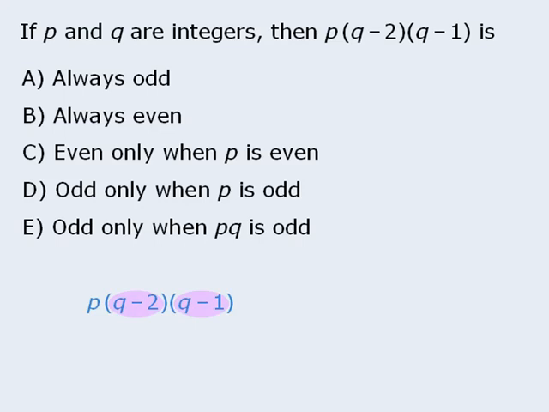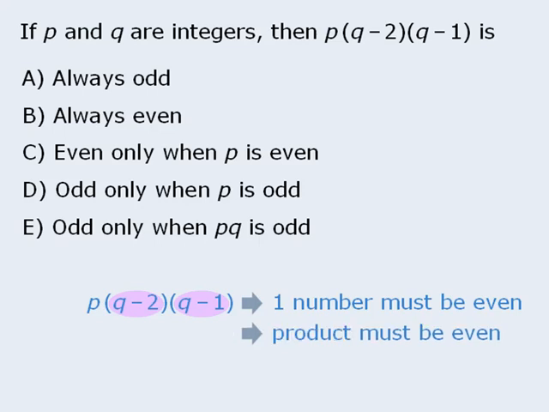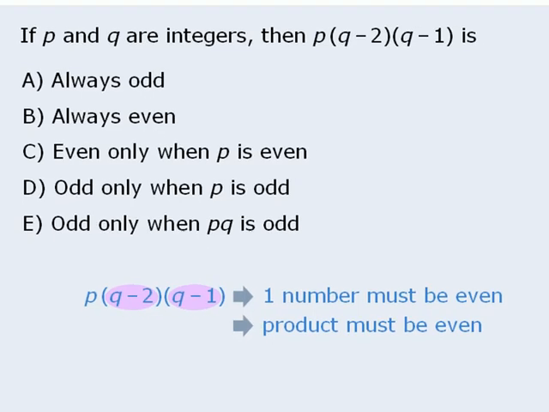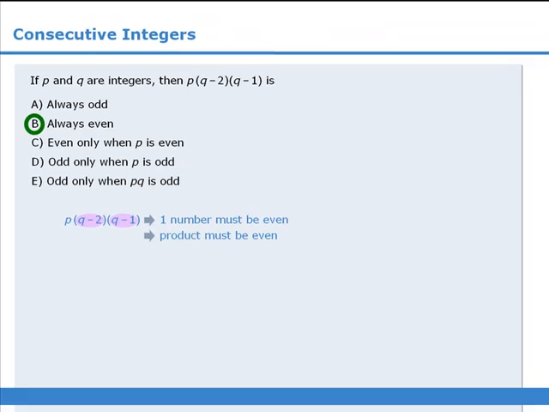Now, if we recognize that these two numbers are consecutive integers, then we can be certain that one of those numbers is even. Subsequently, if we know that one of those numbers is even, we can be certain that the product must be even. If the product must be even, then the correct answer is still B.